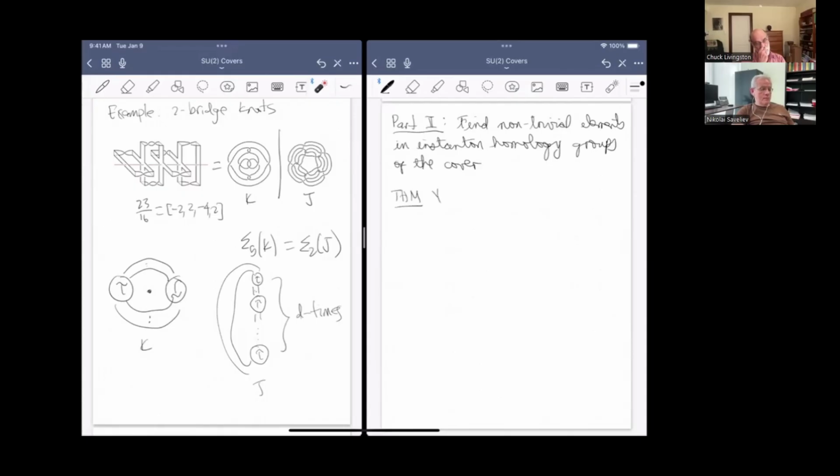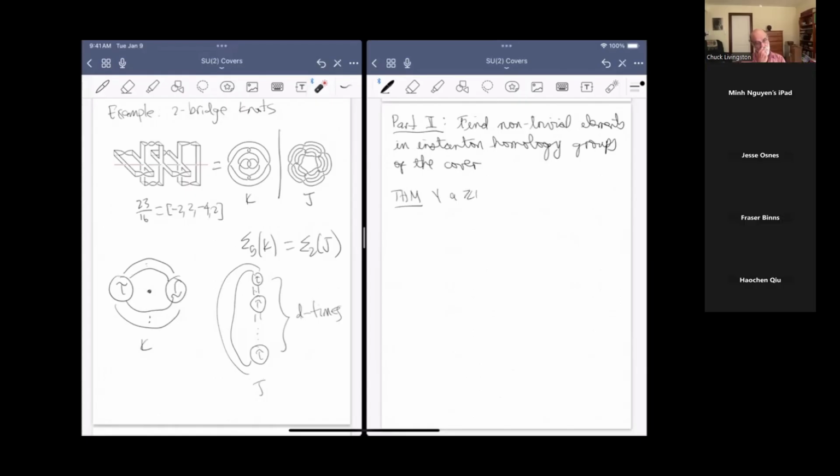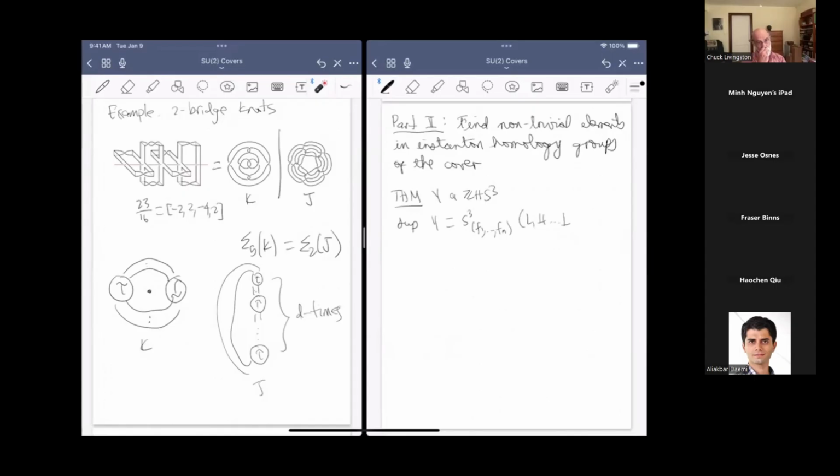I start with Y an integer homology 3-sphere, and I suppose that Y is some form of surgery on S3 along an n-component link.